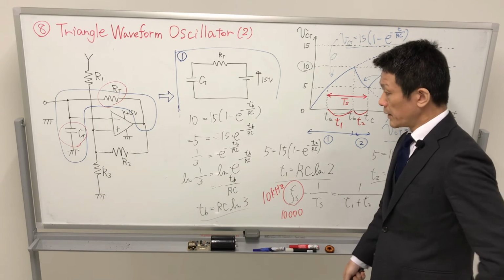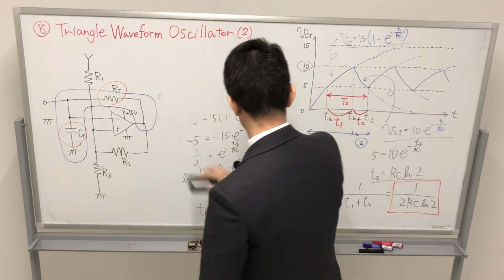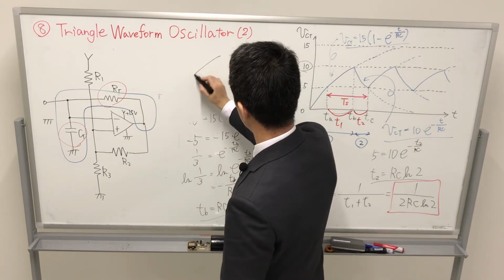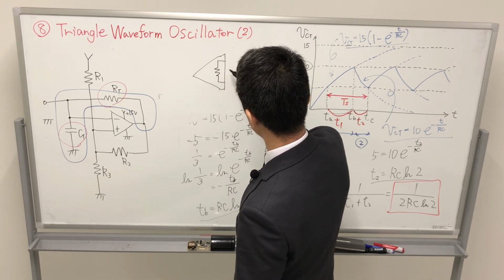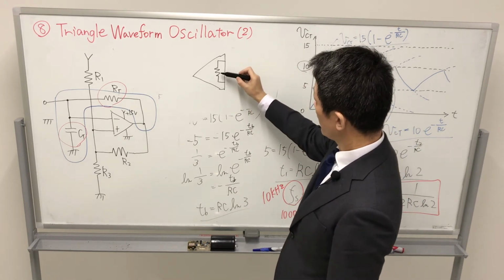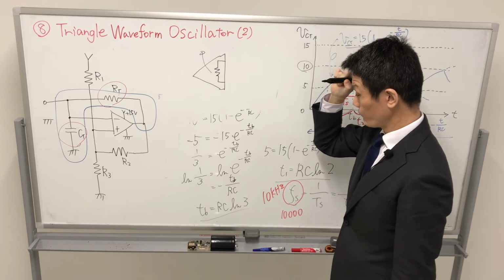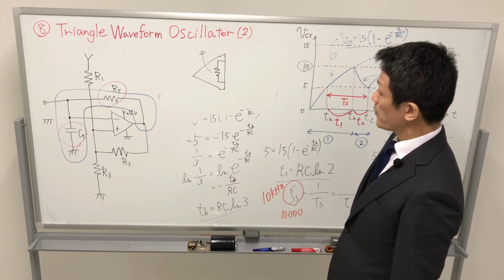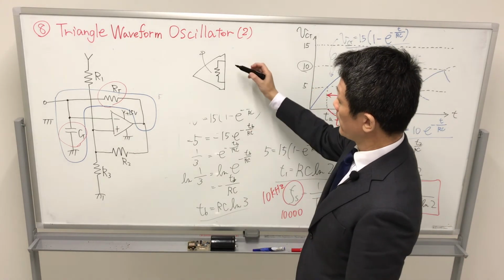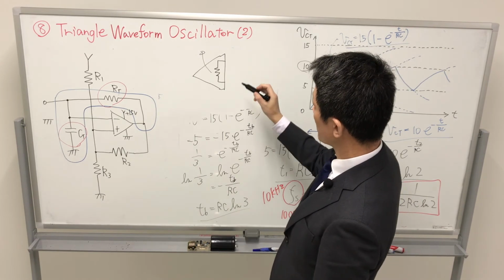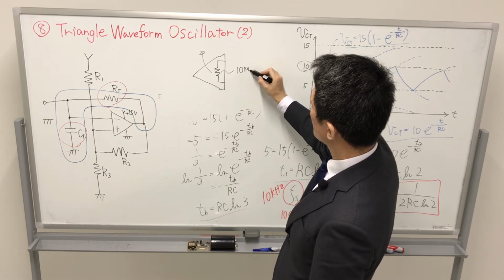However, in the comparator, for example, with the imaginary short, the input resistance value is infinity in the textbook, but in a real one the value is around 10 megaohm or over.